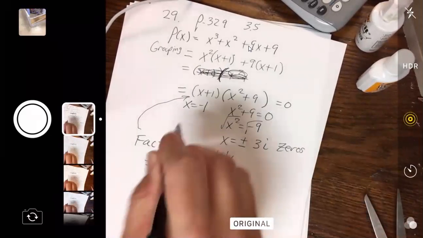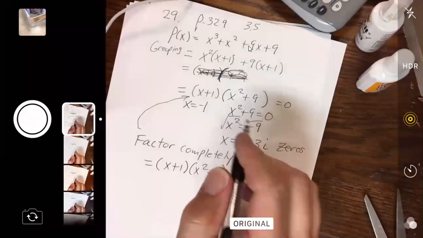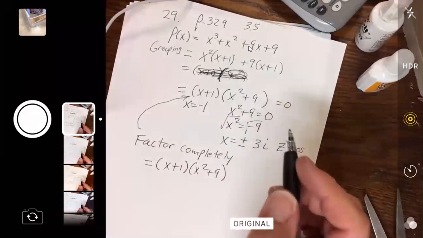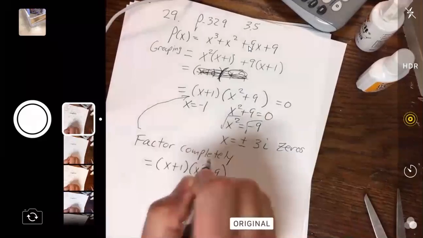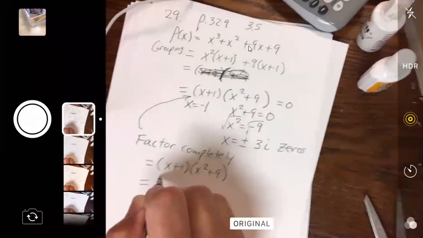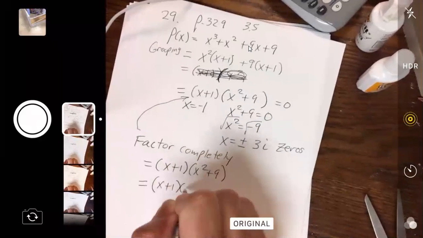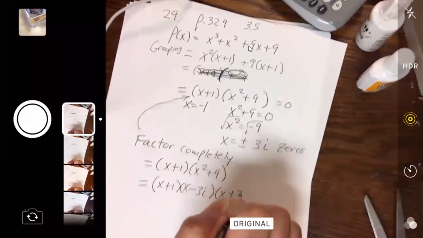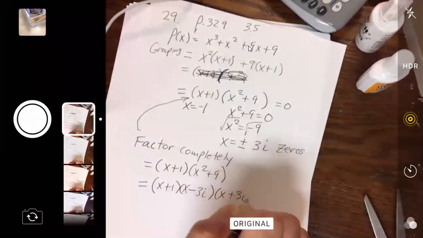Multiplicity here is going to be 1. Well, okay, if you want to be really technical, the factor completely really should go x plus 1, x minus 3i, and x plus 3i. Awesome.